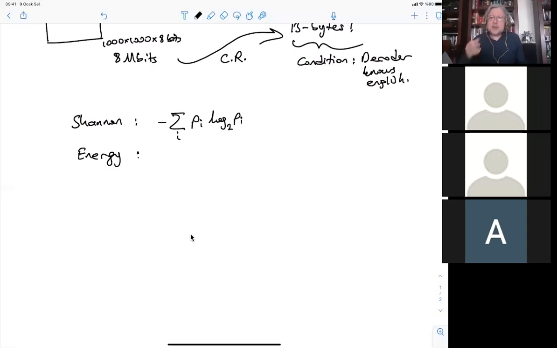The information may be due to an alphabet, or it may be just a continuous function, let's say. For that continuous function, the energy that we will be talking about will then be in the form of an integral like this over time. We integrate the square of the function over time, and we come up with an energy term.